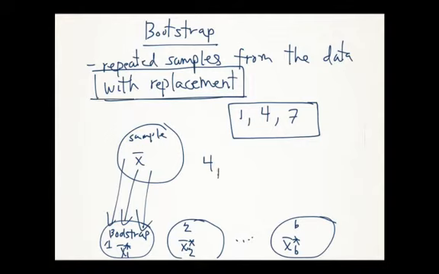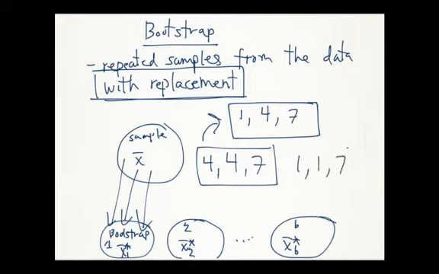So I choose again, suppose I get 4 again, and then I get 7. So that would be my first Bootstrap sample of my data set. Okay? Then I could take another Bootstrap sample and I'll get 1, 1, and 7. Okay? So that's what with replacement means. Once I've selected 1 here, 1 is again eligible to be chosen.